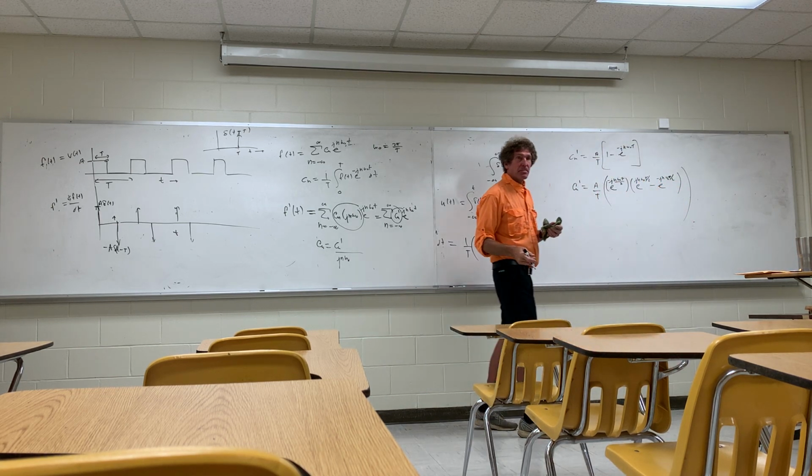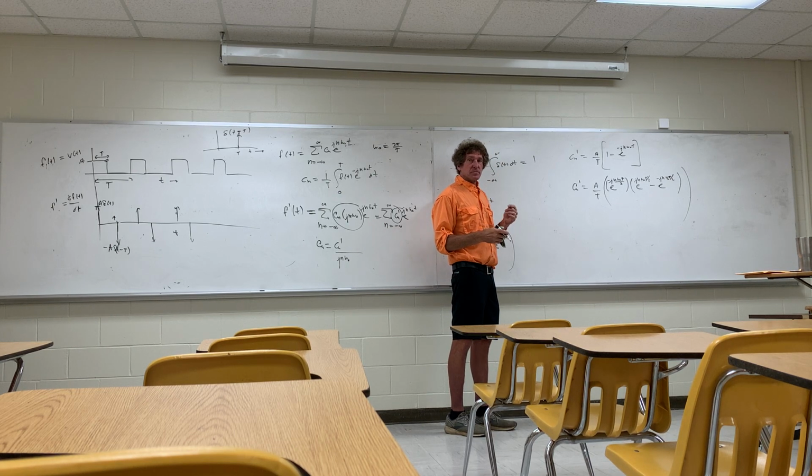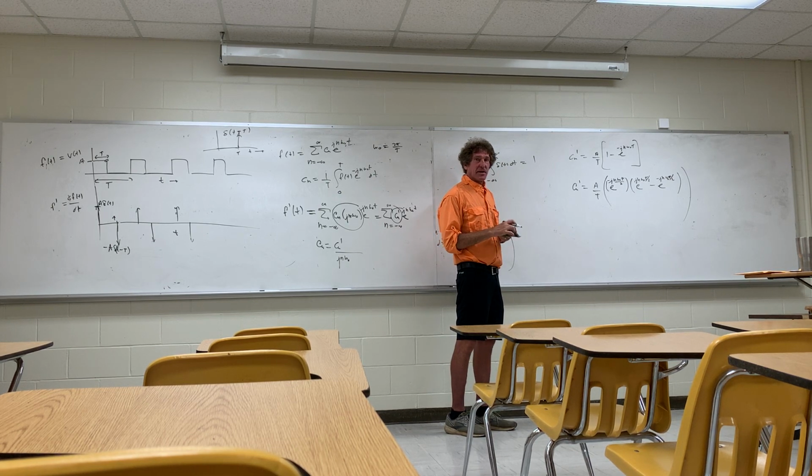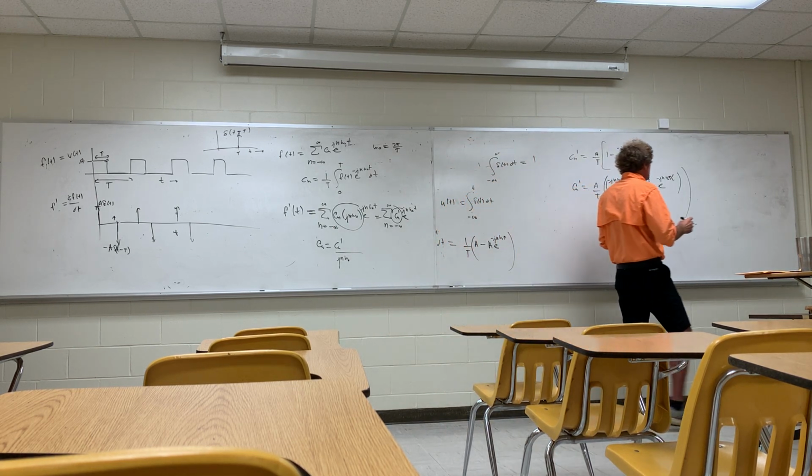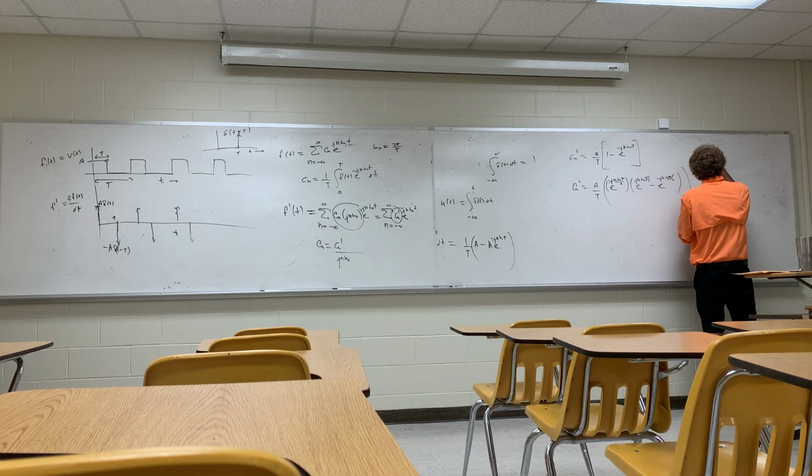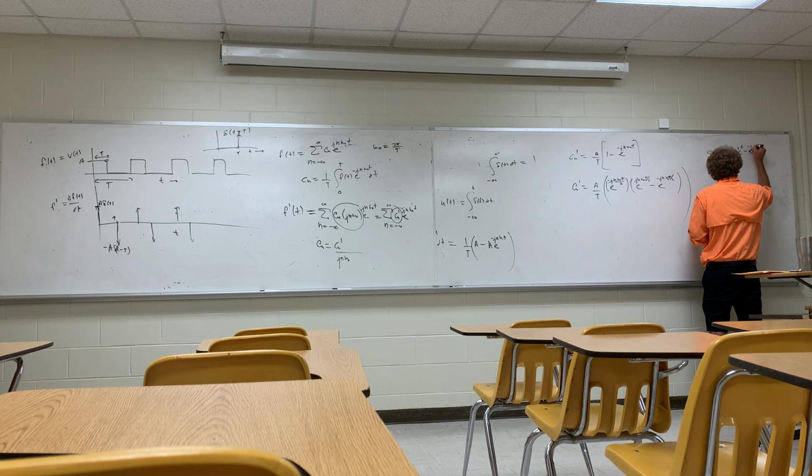Everybody with me on that? Anybody want to guess why I did that? I know there are people who know this. What is sine of theta equal to? It's e to the j theta minus e to the minus j theta, over 2j, right?